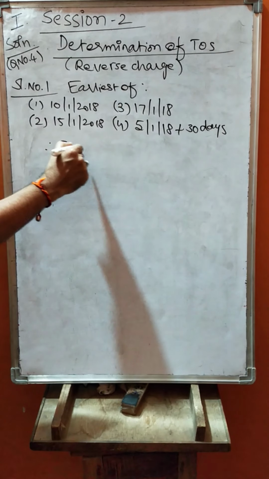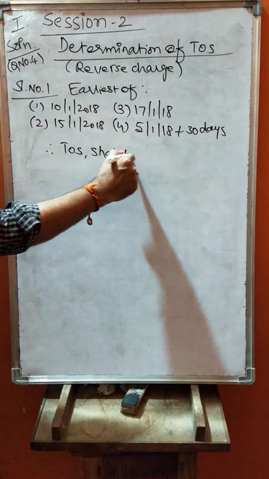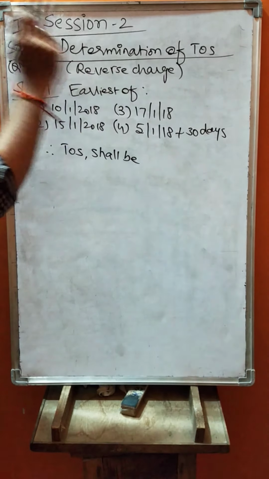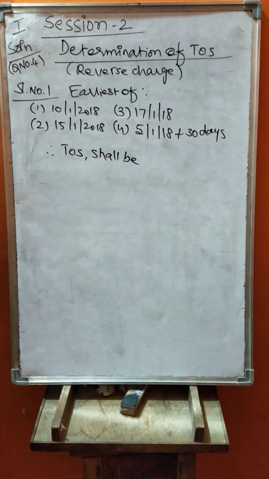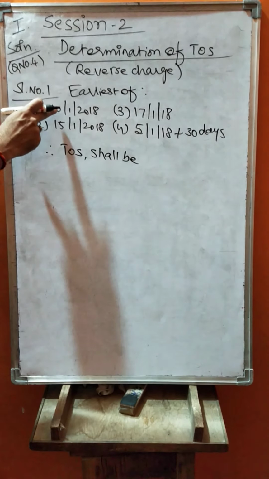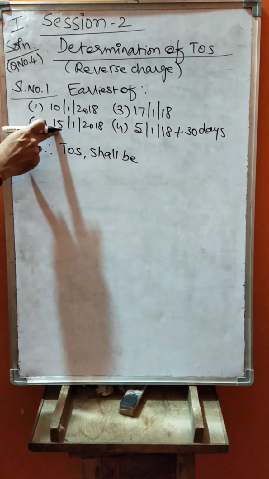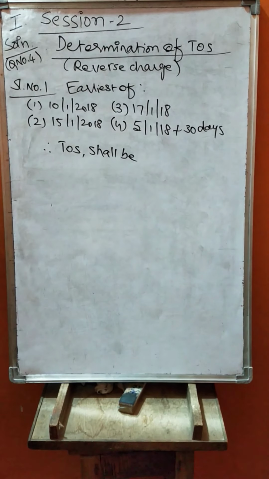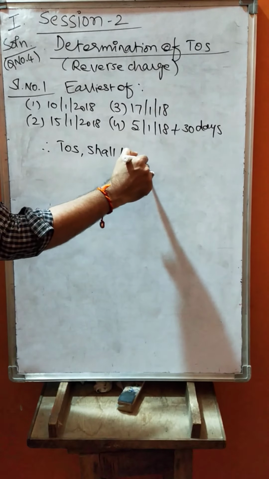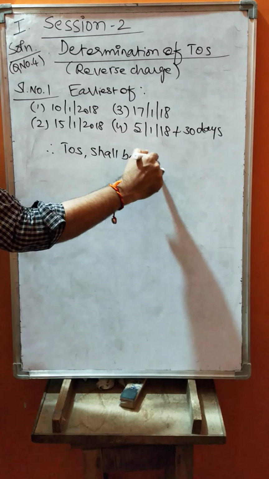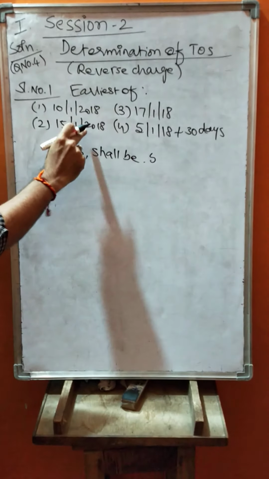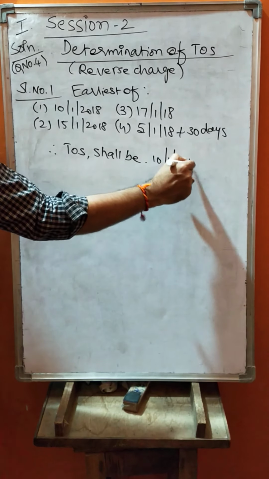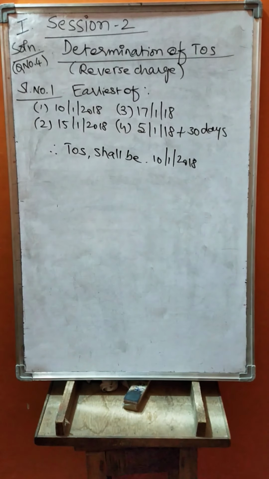Now tell me the answer: 10th January, 17th January, 15th January, 5th February. This is the date of receipt of goods, this is the date of payment, this is the date of payment debited, and this is the date of invoice plus 30 days. Which is earlier? Therefore 10th January 2018 is the time of supply for serial number 1.